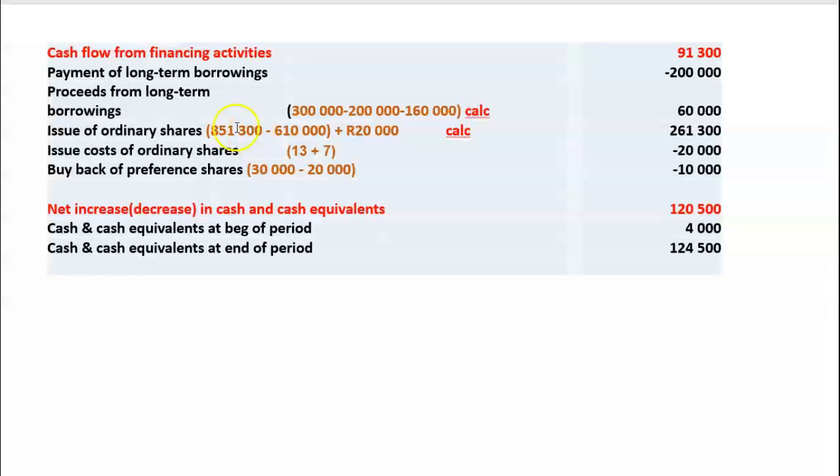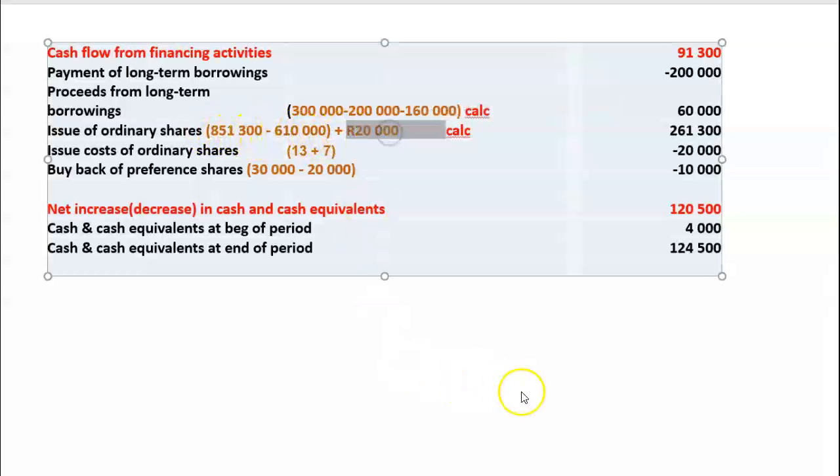So the balance would have been 871,300 as opposed to 610,000 if it wasn't for that 20,000. So that means that the gross proceeds from the shares issued were 261,300. Share issue costs must be shown as a cash outflow on its own line of 20,000, which equals our 13,000 plus the 7,000.